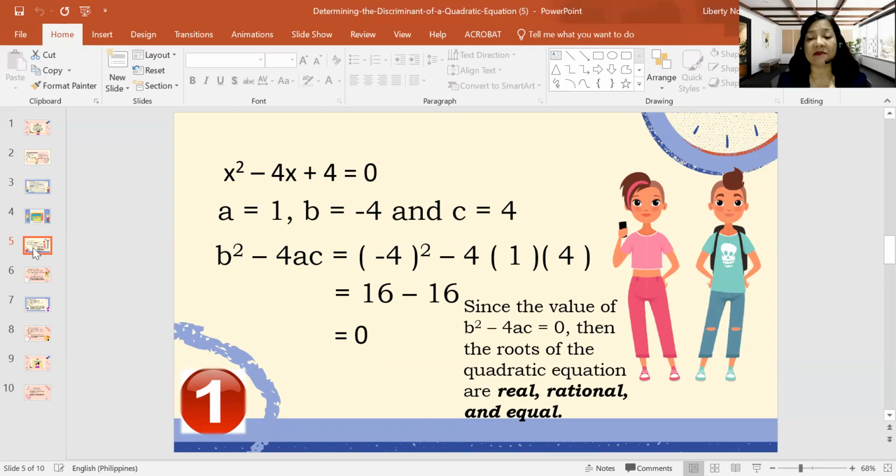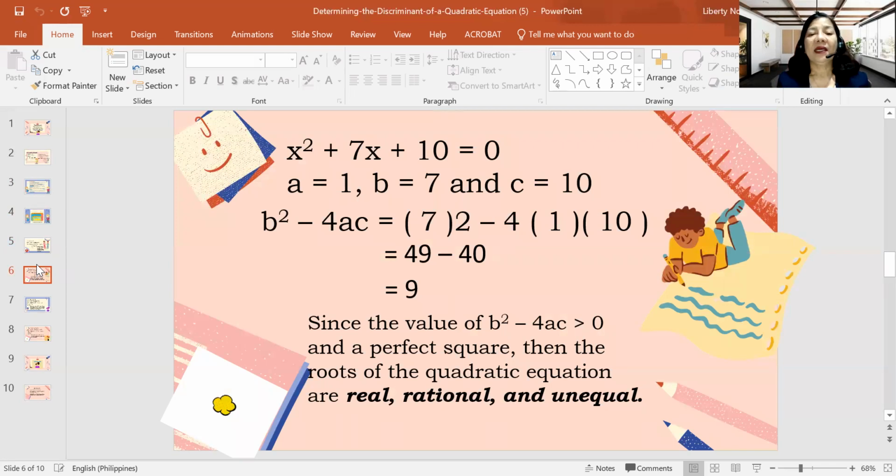Therefore, 16 minus 16 gives a discriminant of 0. Since the value of b squared minus 4ac is equal to 0, the roots of the quadratic equation are real, rational, and equal.